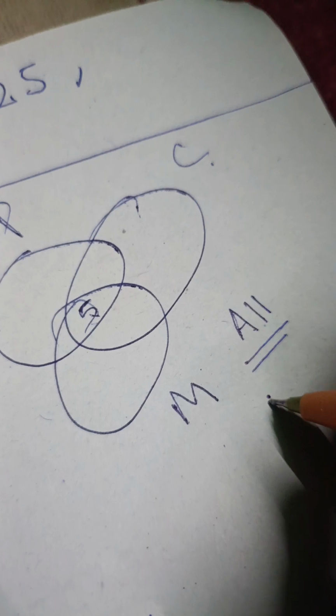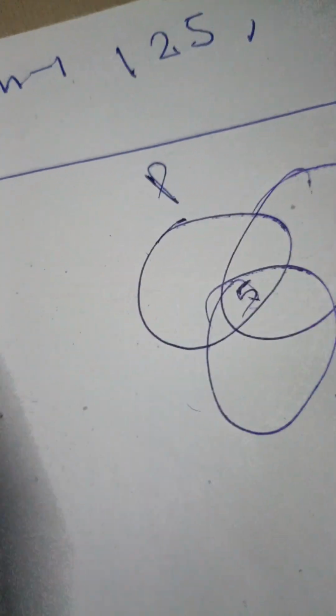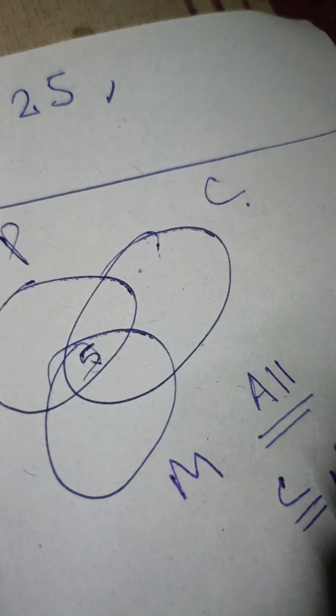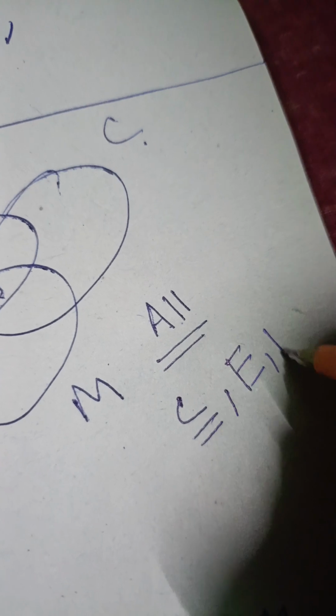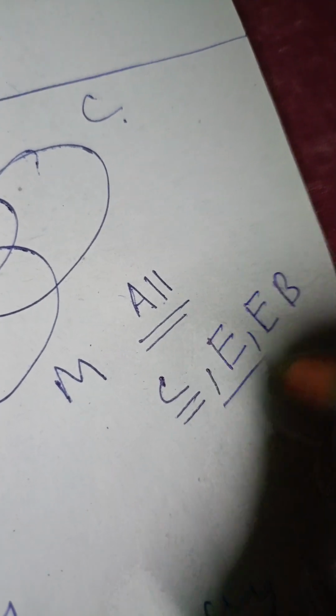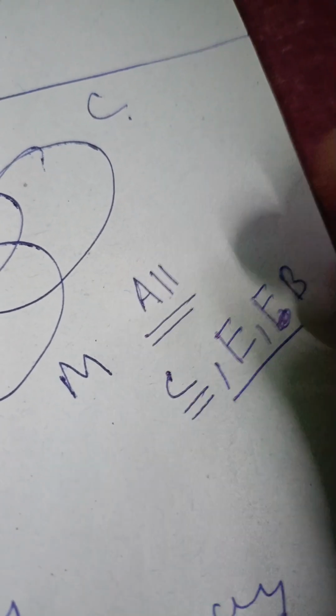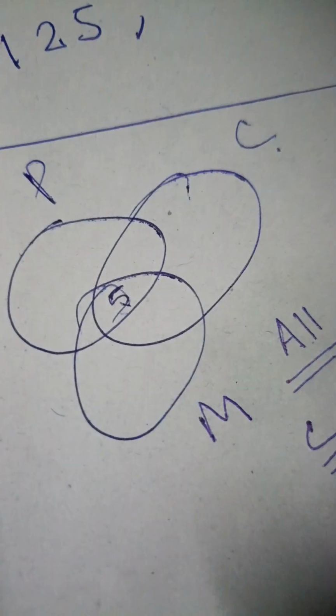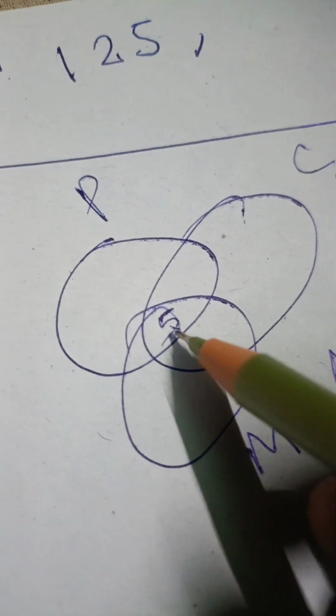If a chocolate problem is given, with chocolates loved by all, or a problem with French, English and Bengali, the students who knew all the subjects, first we have to find that there are 5 students who studied physics, chemistry and maths.